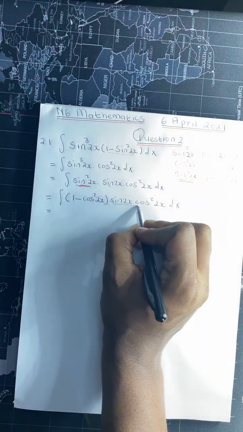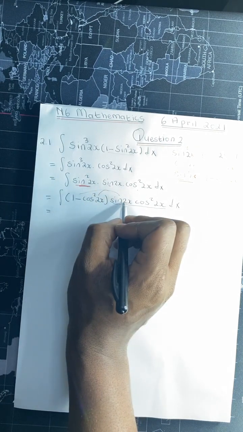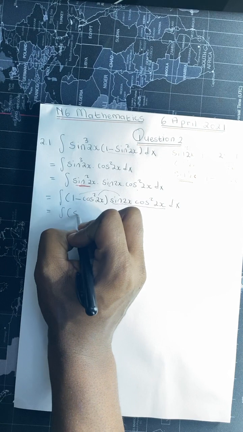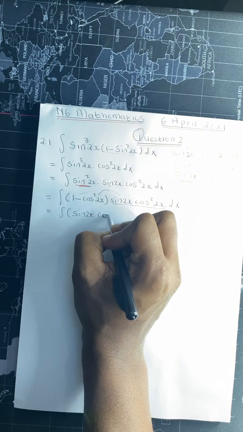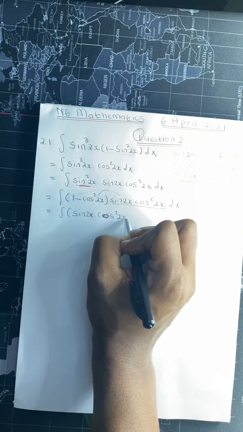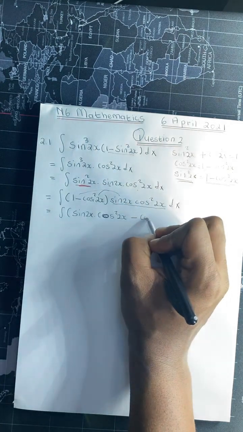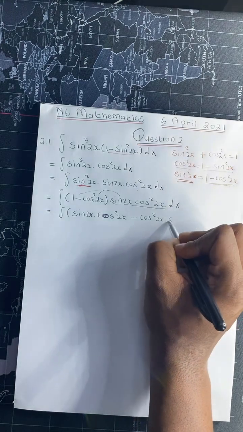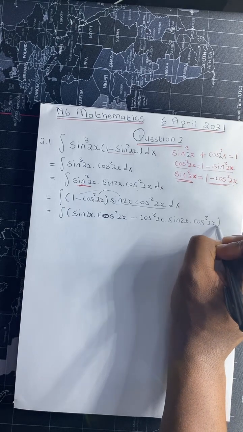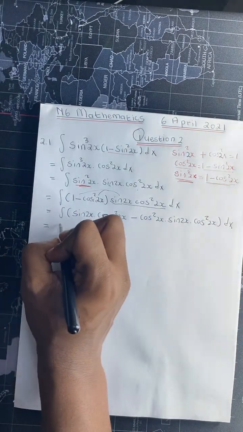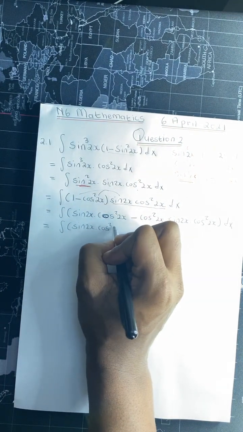From here we distribute the sine 2x cos squared 2x inside the parenthesis, so 1 multiplied by that will be equals to sine 2x cos squared 2x, and cos squared 2x multiplied by the sine 2x cos squared 2x dx will be equals to sine 2x cos squared 2x.